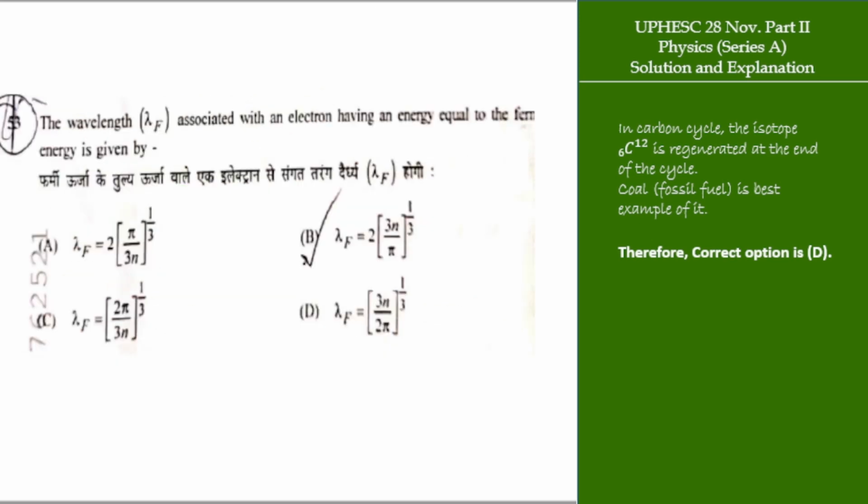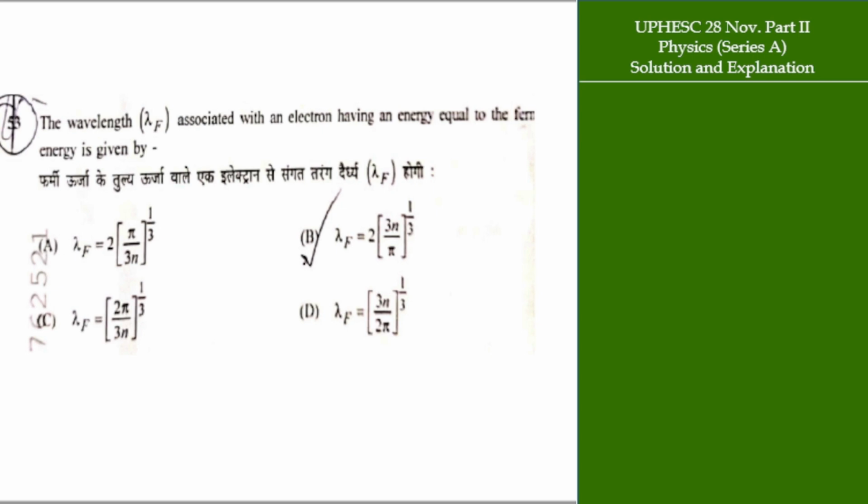Now the next question is related to the wavelength associated with an electron having an energy equal to the Fermi energy. So you have to find the de Broglie wavelength associated with the electron, but you will use the value of energy for that electron equal to the Fermi energy. This is the way to solve this problem.